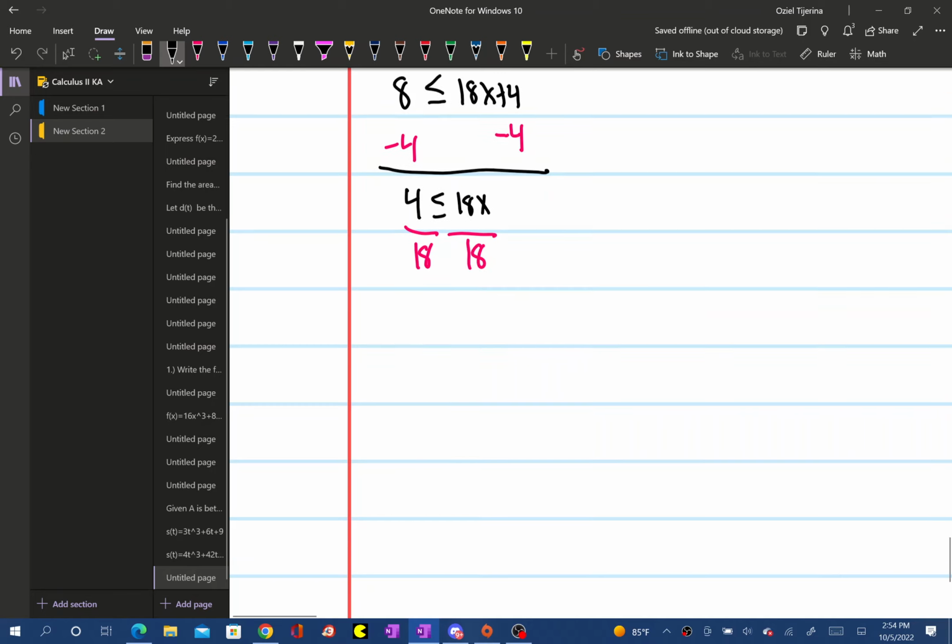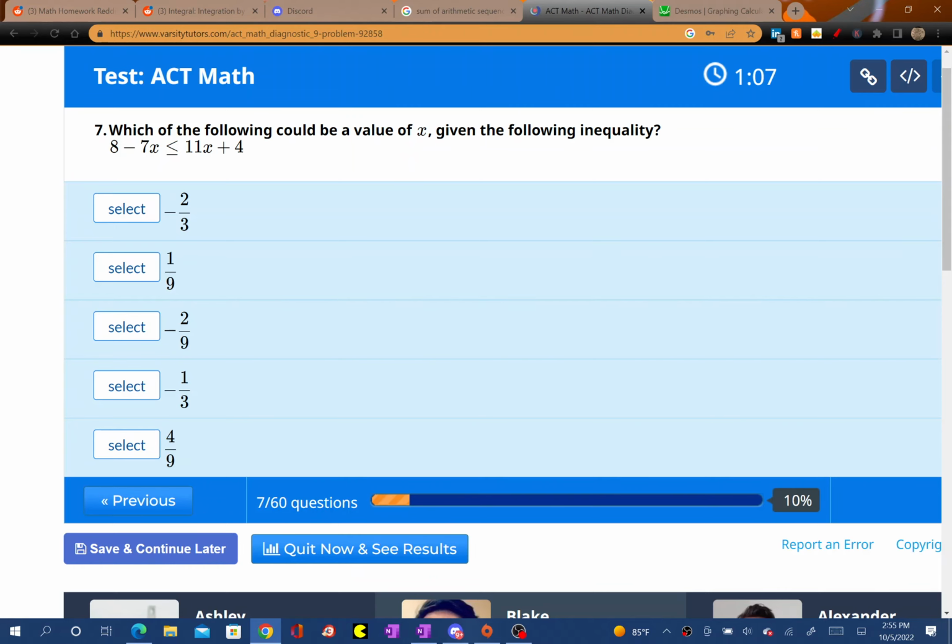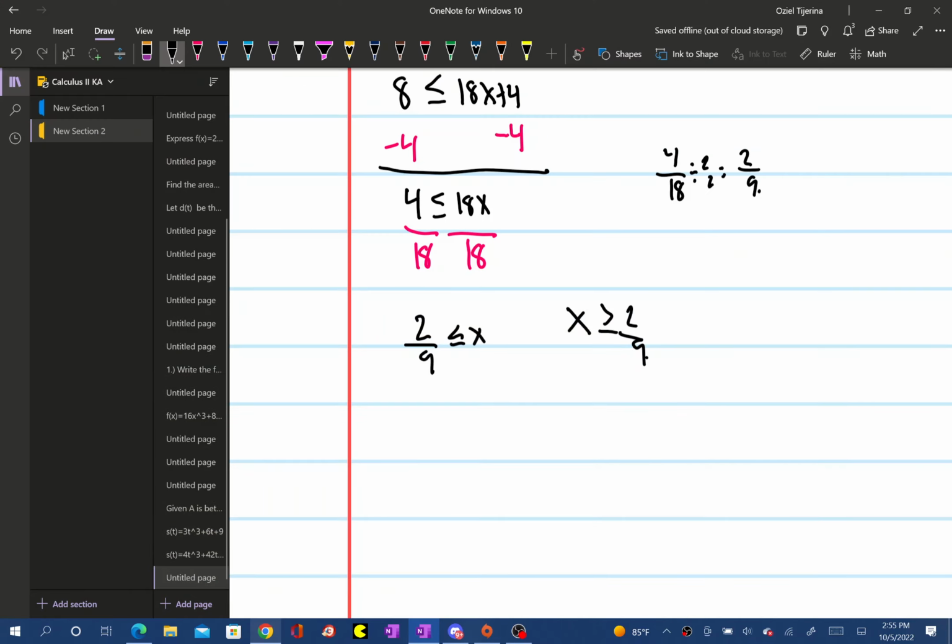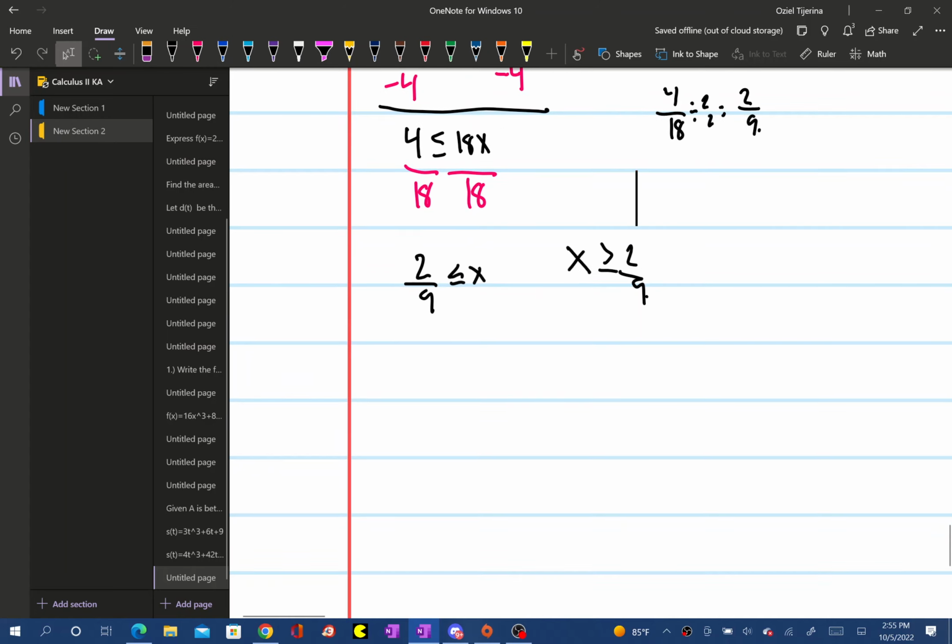If we reduce it, 2 over 9 is less than or equal to x. That means that x is greater than or equal to 2 over 9. So let's see here. If we plug in 1/9, is that greater than or equal to 2/9?